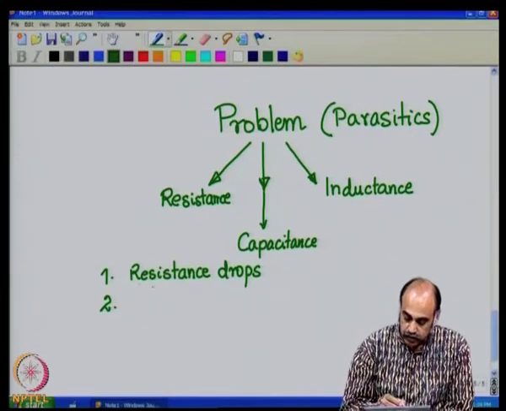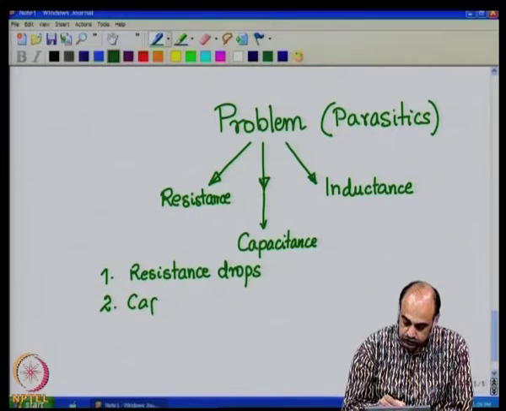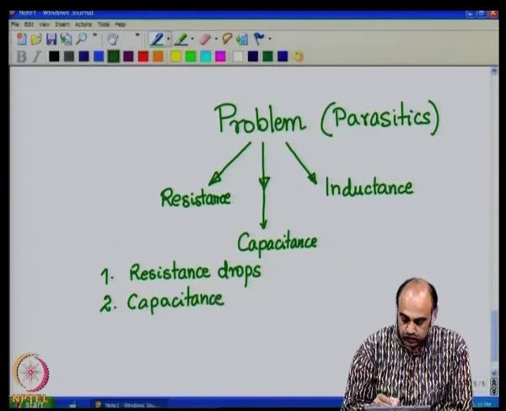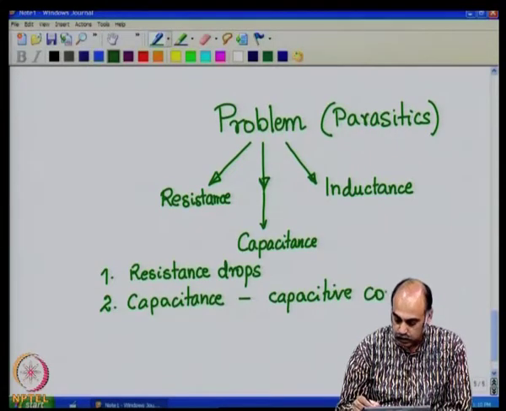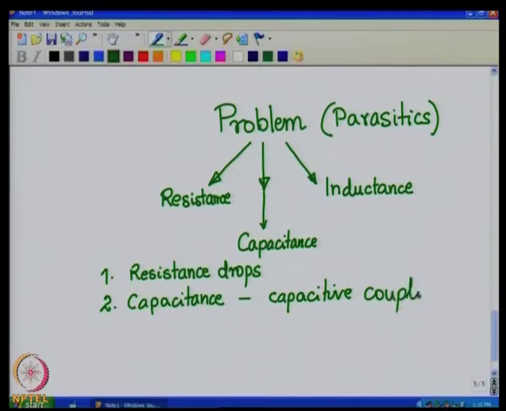The second one, due to the capacitance, is that there could be capacitive coupling between two tracks, and this can result in capacitive crosstalks.